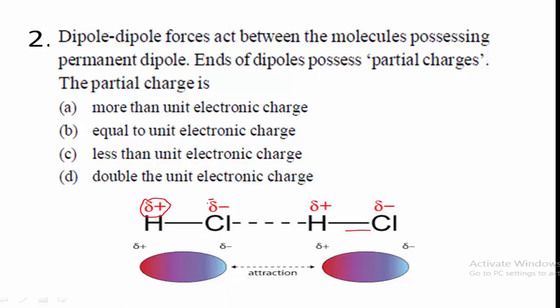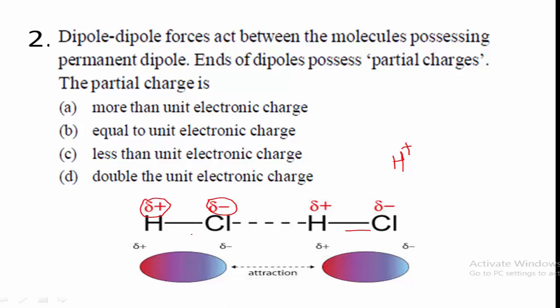The delta plus and delta minus, we call partial charge. Suppose I have written H plus, then we call it one unit charge or unit electronic charge. But partial charges do not have the complete unit electronic charge. They have less than the unit electronic charge, and hence they are said to be partial charges.